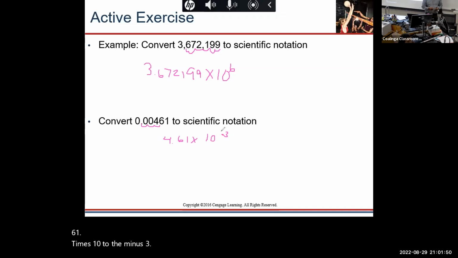Okay. You guys are good? Okay, good. Ready to move forward? Three to the negative 3. So I'll go to the right.